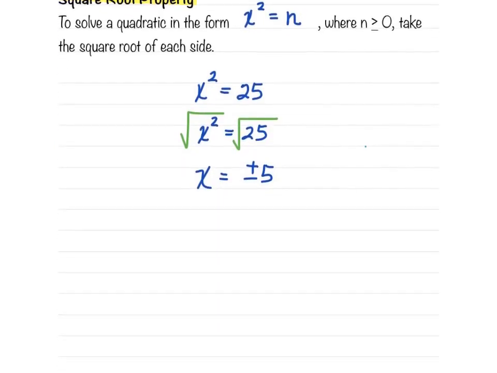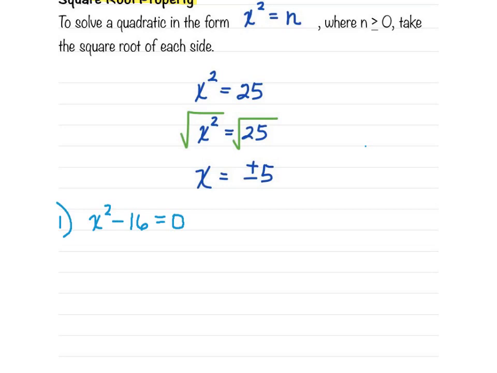Okay, let's look at number 1. Let's work an example out together. X squared minus 16 is equal to 0. Well, what we can do here is we can isolate x squared, if you like.